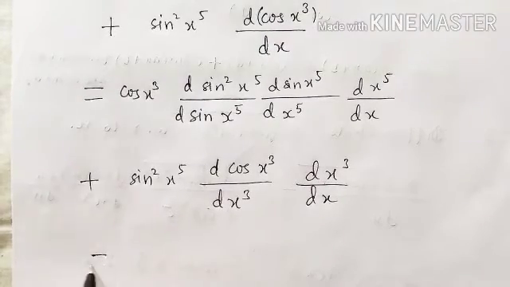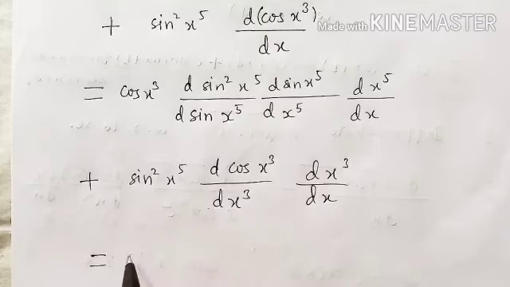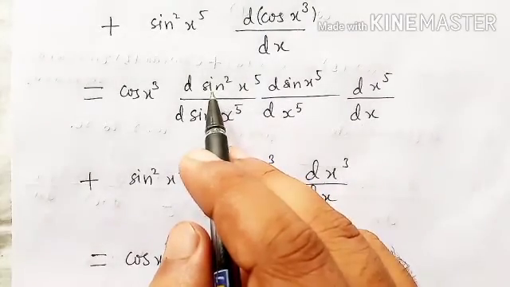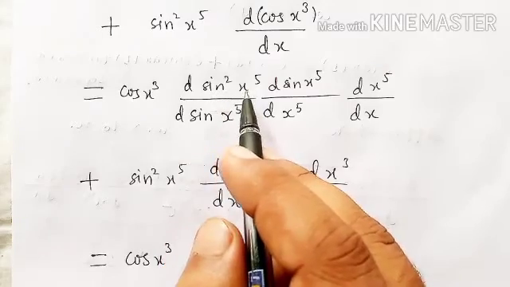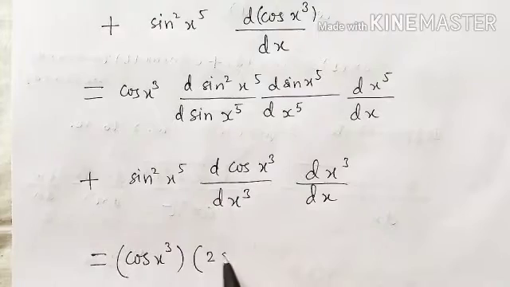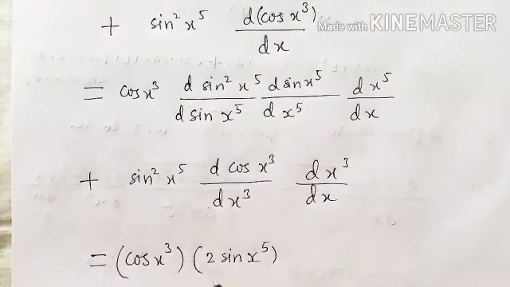Here cos x³. Now x to the power n. Here x is sin x to the power 5. So we write 2 sin x to the power 5, n x to the power n minus 1. 2 minus 1 is 1 here.